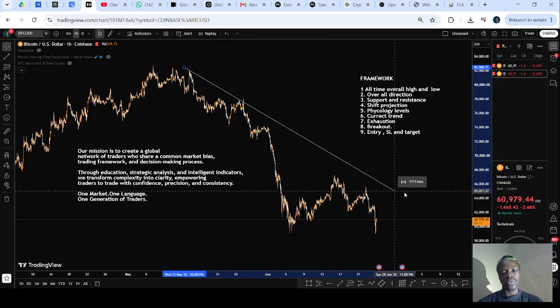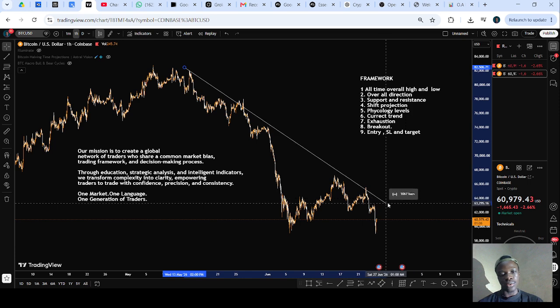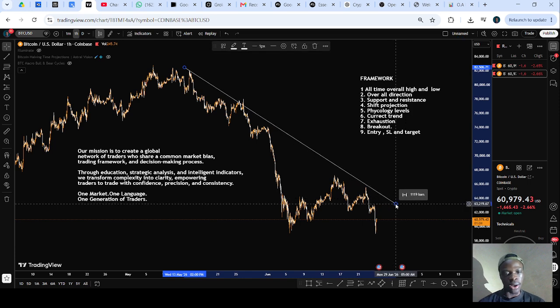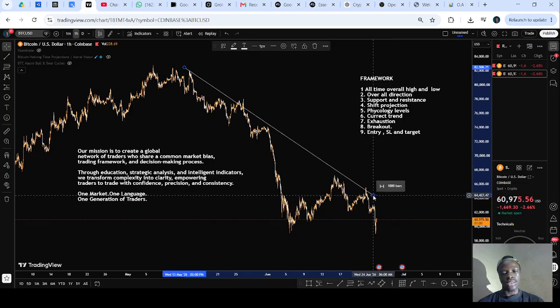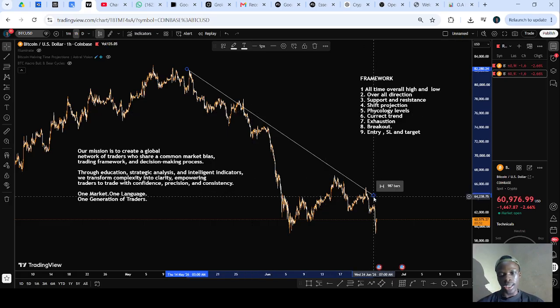Because of these different perspectives, we end up trading against ourselves. So this community is going to be figuring that out and giving us a place where we can come together and have the same decision-making process.